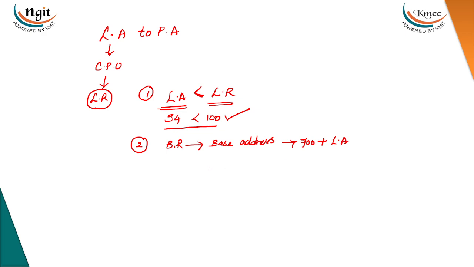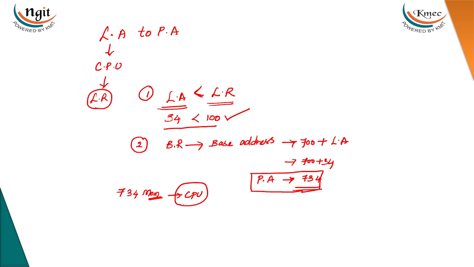So what is the result? 700 plus 34 becomes 734. This 734 is called your physical address, that is the memory location of your process that resides in main memory, the 734th memory location, whose data is needed by the CPU.